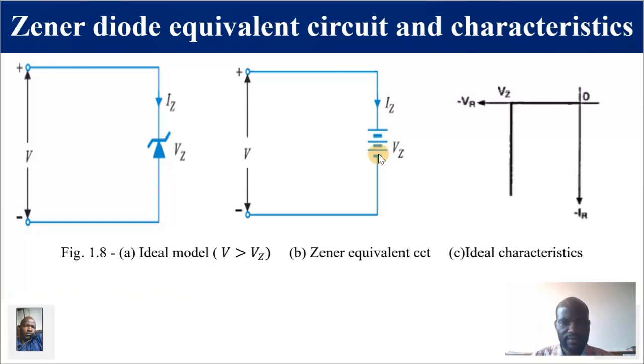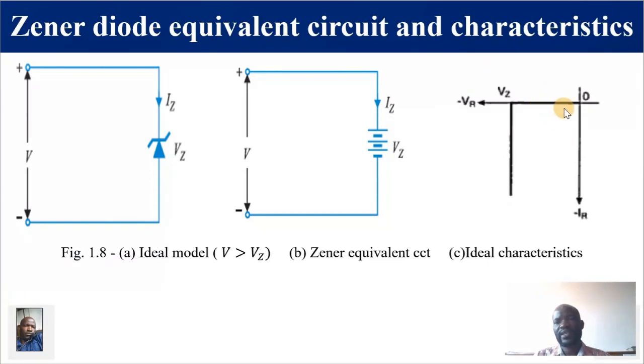Please take note, the Zener goes into breakdown if and only if the supply voltage, which is V, is greater than Vz. Otherwise, it will not be able to regulate the output voltage. So this is the equivalent circuit. This is the symbol for a Zener, and this is the equivalent circuit. Then these are the ideal characteristics.